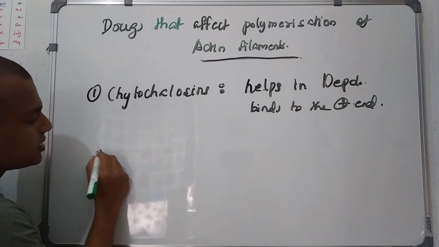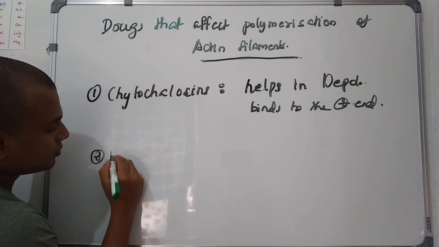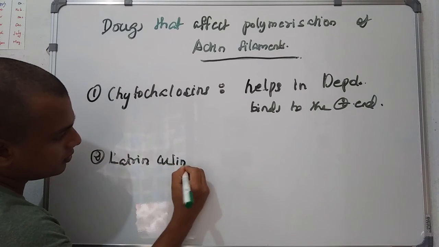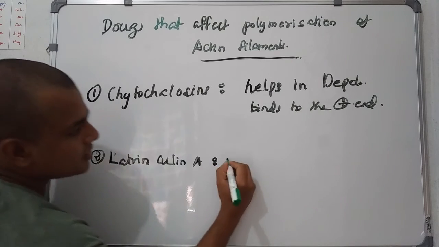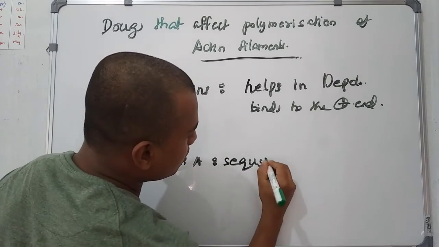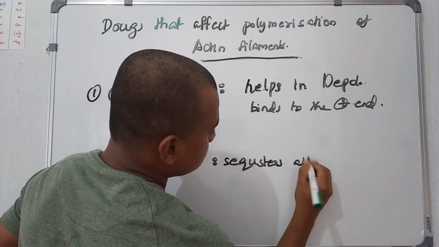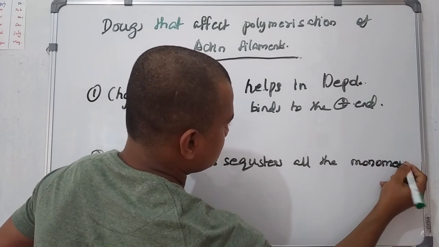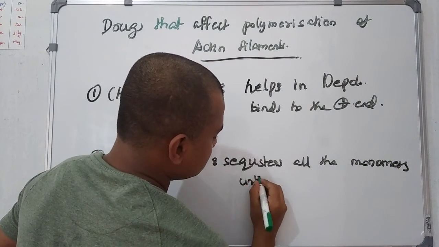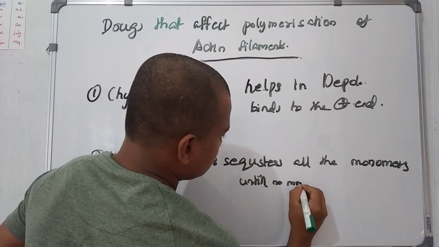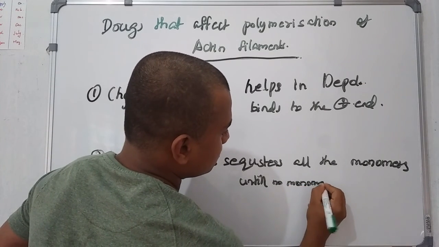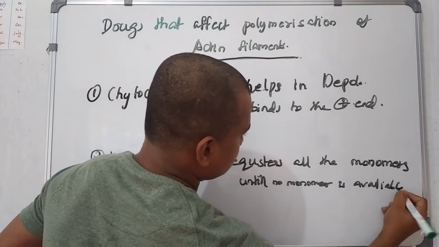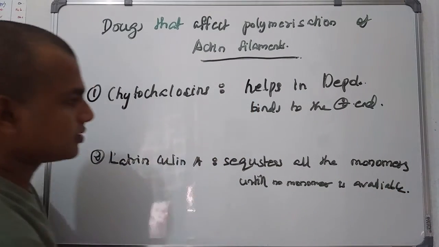The second toxin is latrunculin A. What it does is, it sequesters all the monomers until no monomer is available for polymerization.